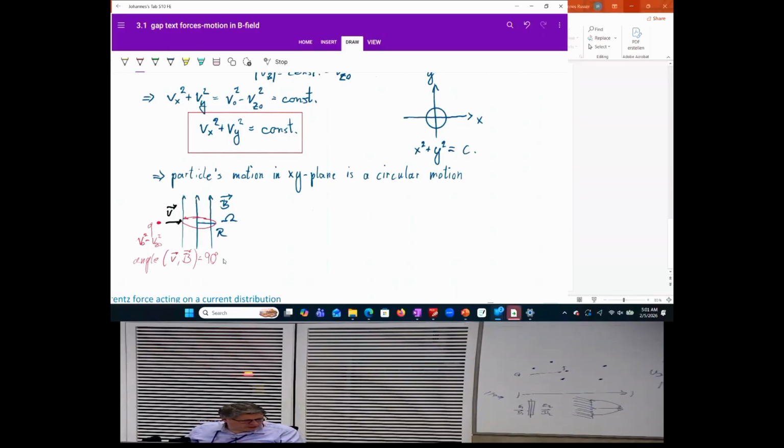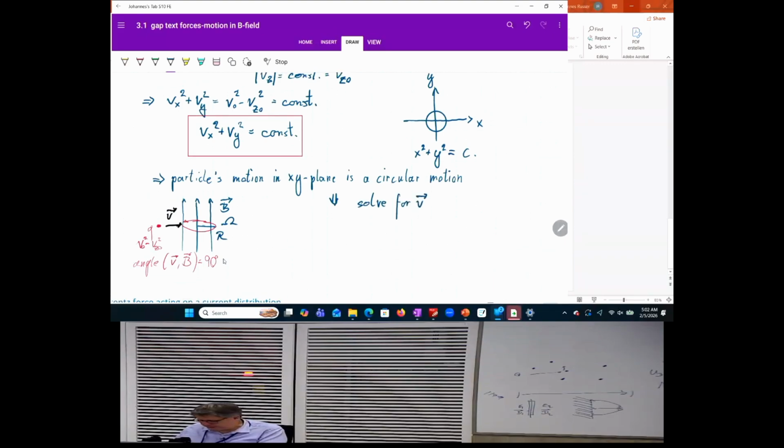That is this omega here, which I denoted. This is also called the gyration frequency. And it will also give you a certain radius, depending on the perpendicular velocity and on this gyration frequency. However, for the details of how to solve for the velocity and for r, I would like to refer you to the lecture notes.